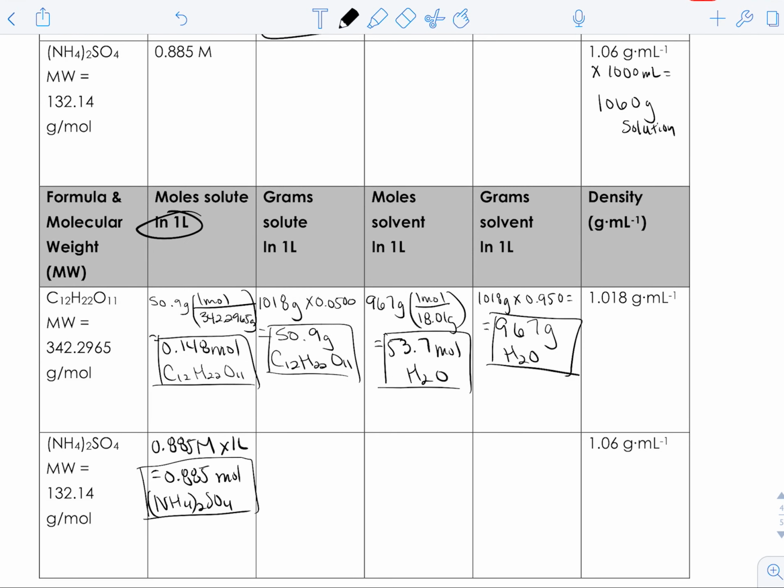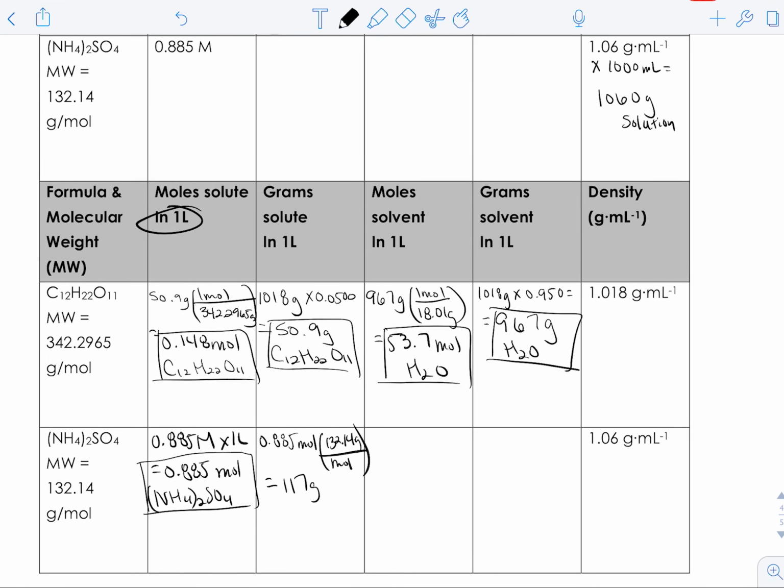Then we can convert that into grams using our molar mass. And we get 117 grams of ammonium sulfate. Okay.